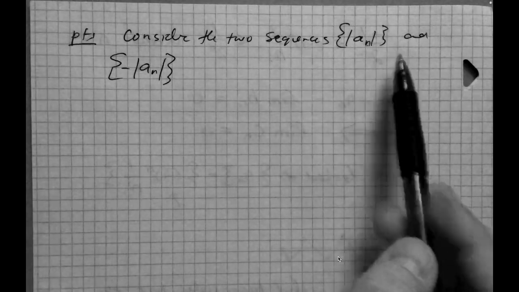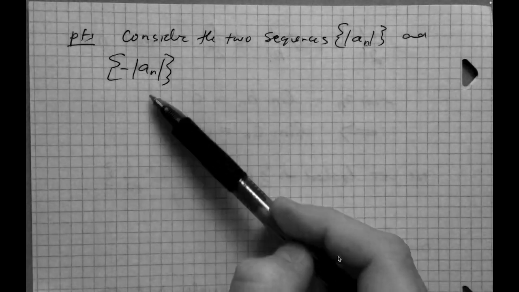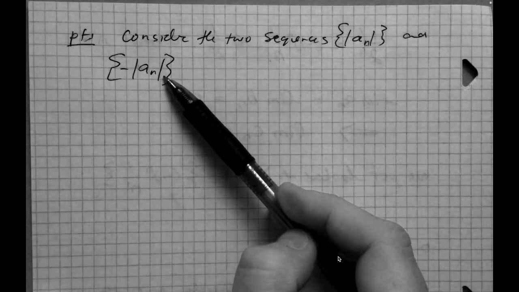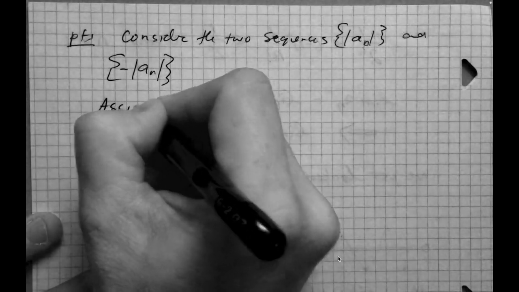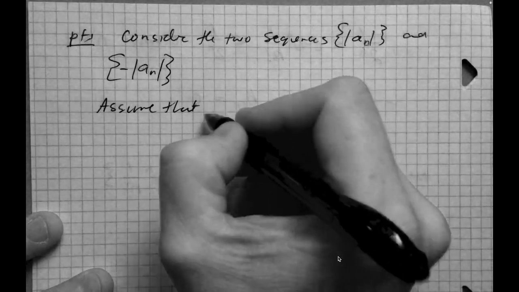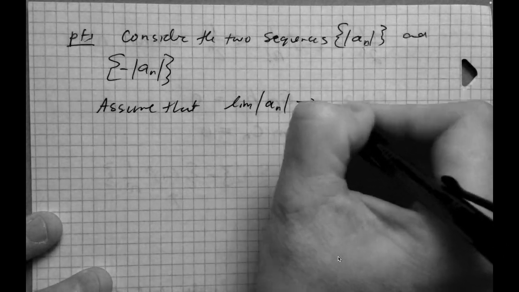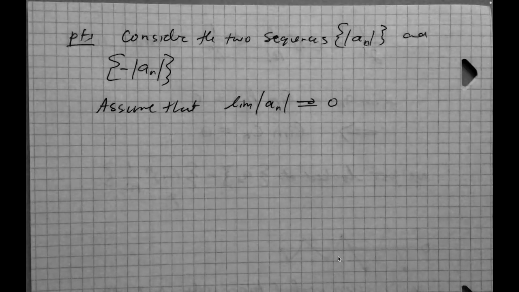The a of n piece is the same, but here we're making every term in the sequence positive, and here we're making every term negative. The theorem says that if the limit of the absolute value of a of n is equal to 0, we assume that's true. We assume the absolute value of a of n has a limit, and it's 0.